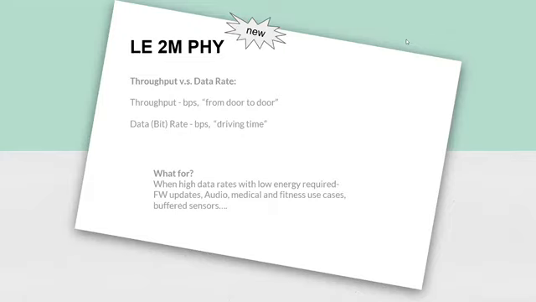It includes all the host and protocol handling overhead, maintenance, and other traffic on the link, etc. So this is what I call from door to door. The data rate, well, this is the rate that the bits are transmitted from source to destination devices. So if the first one was from door to door, this one would be like, how long does the bus drive take?